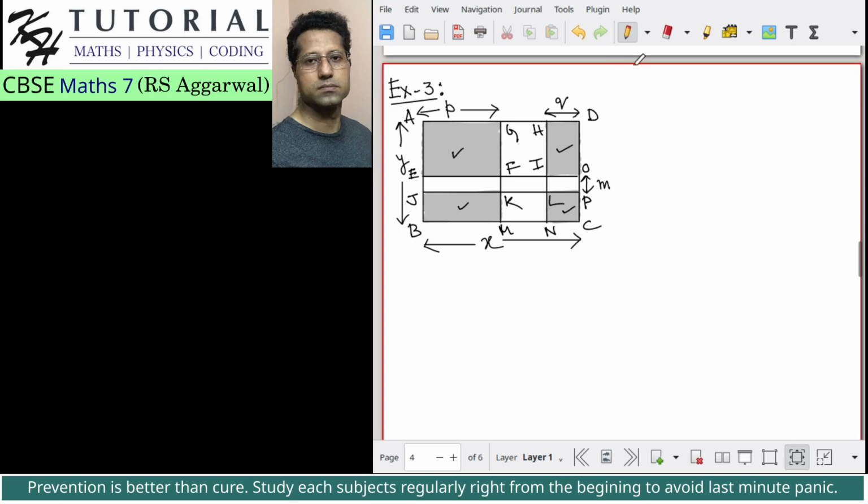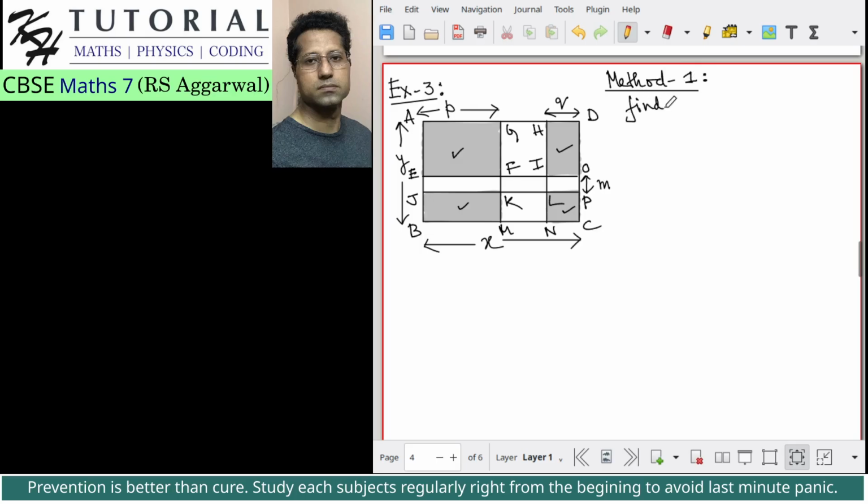So let's say method 1, that is, I will find the area of the unshaded region and subtract that from the area of the enclosing rectangle.